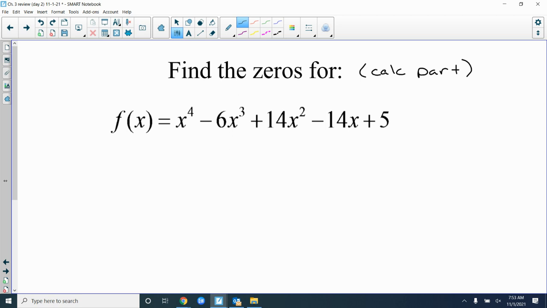Is it 1 twice? Yeah. 1, and then 2 on this side and 2 on this side. You just say that. All right, so graph that, figure out where it hits the x-axis, and then from there, use your synthetic division. You'll see a problem like this on both parts. I'll tell you that now.